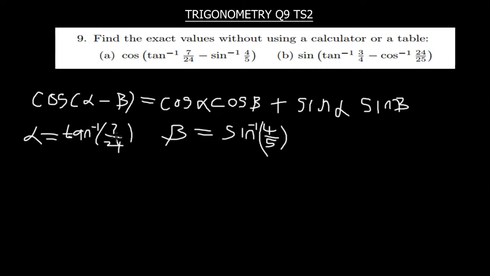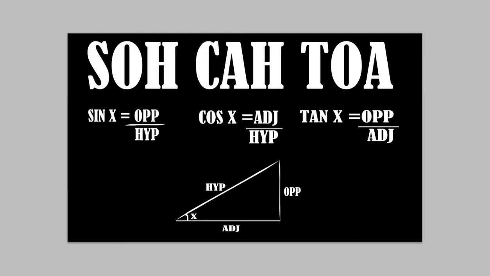Now how can we find cos alpha from tan inverse of that? So remember SOHCAHTOA, we're going to go back to SOHCAHTOA. We know that when you're finding x in SOHCAHTOA using tan, tan x is equal to opposite over adjacent.